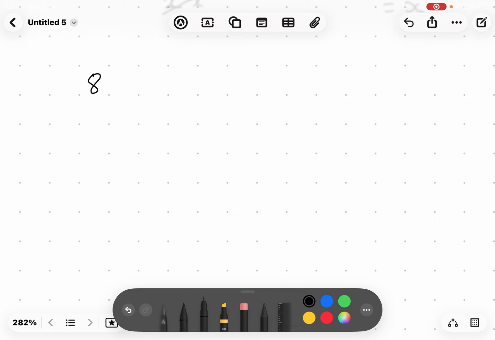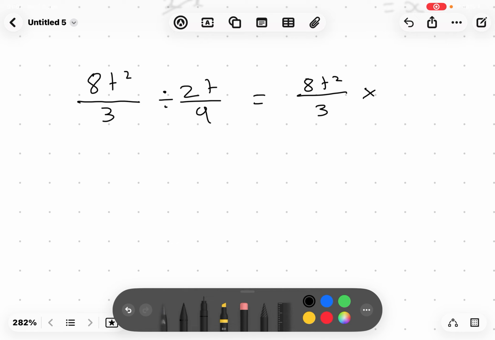After that, let's say we have something like this. So let's do the numbers first. 4 and then 1, which doesn't even have to be written down.